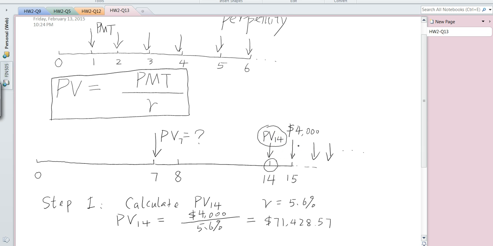So the payment that starts from year 15 becomes the first payment. Then we can use that formula. And once we have the present value in terms of some baseline year, we can further discount that value back to where we need to get the true present value for. All right, so that's it for the discussion.